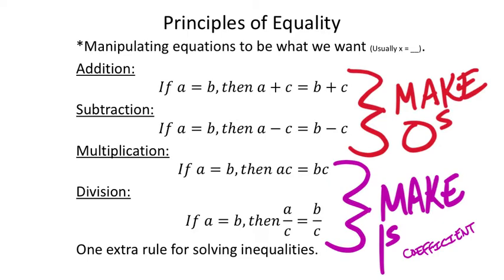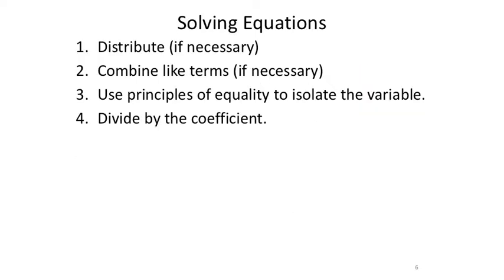So there is one tiny extra rule for solving inequalities, but for the most part, you're just going to be dealing with this straight across. And the one extra rule occurs right at the very end if it needs to happen. Okay, so it won't always happen, which is kind of convenient. So remember, solving equations, we have this strategy for solving equations.